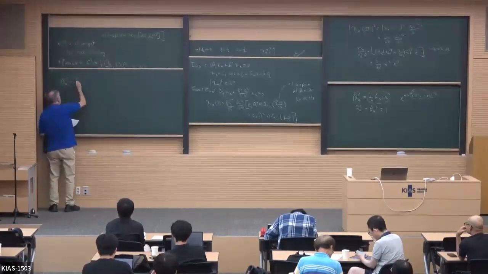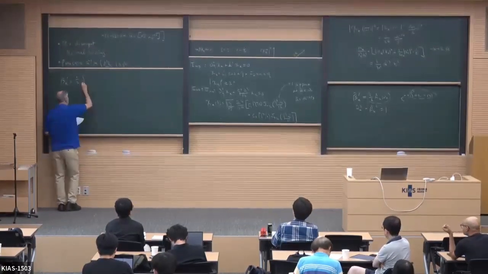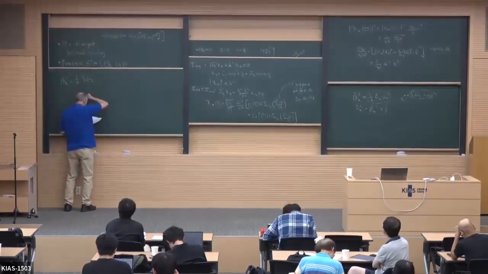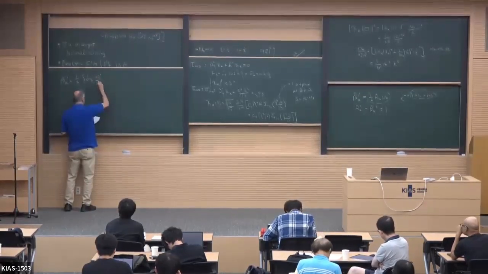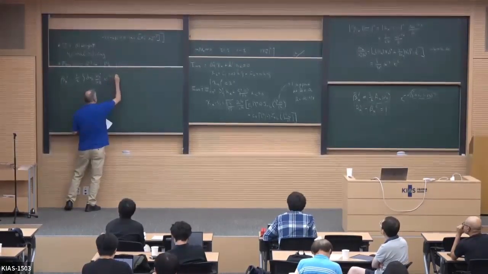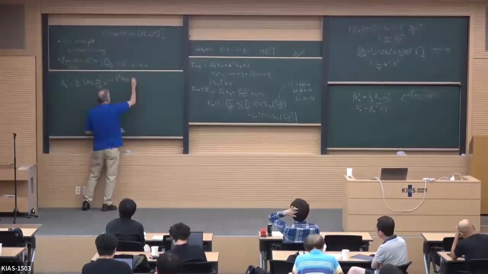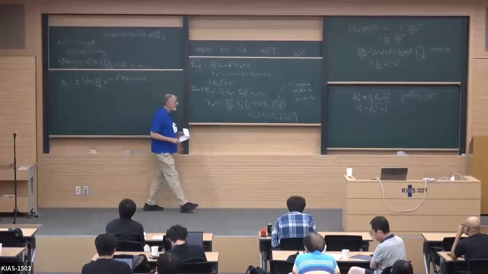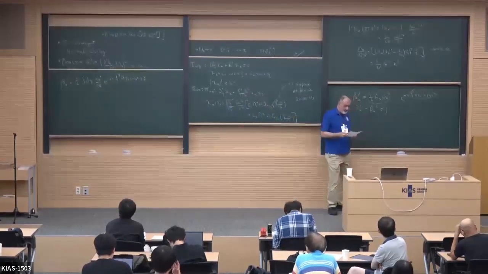Beta of k prime, I'll put in the 1/2 integral, and this is again setting alpha tilde of k equal to 1 if beta tilde of k is small.